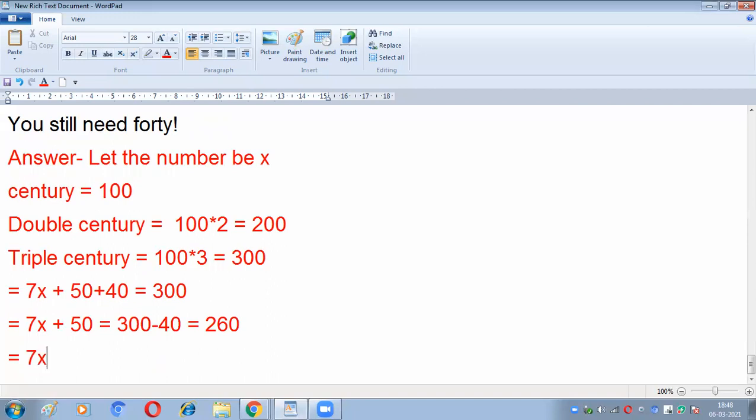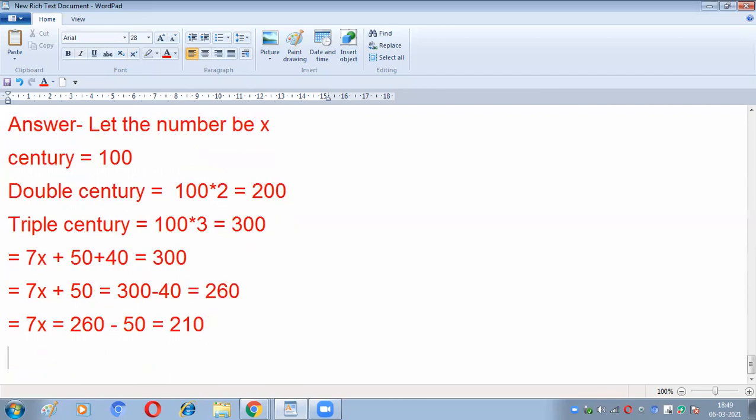So now we write 7x plus 50 is equal to 260, and now this 50 will move to the right hand side with the sign of negative 50, and 50 is also called half century. Here is 100, and half of 100 is 50. 50 is also called half century. Okay, so 260 minus 50 is equal to how much? 210.